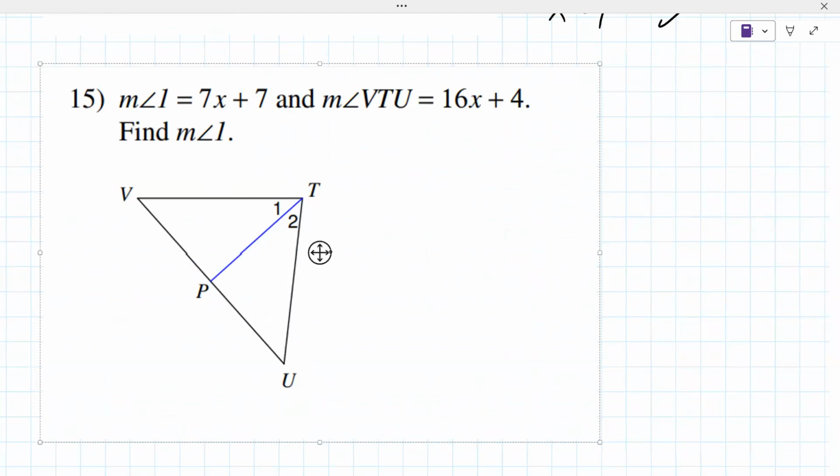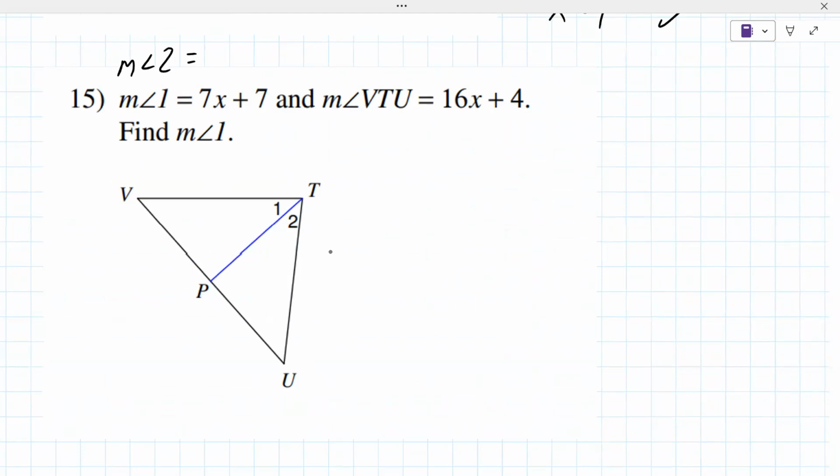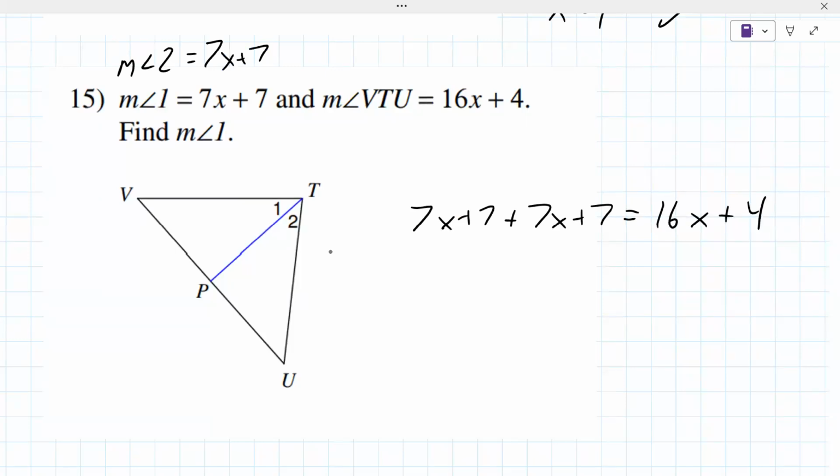So here they're giving you the measure of angle 1. So what is the measure of angle 2? 7x plus 7. Yeah. So 7x plus 7 plus 7x plus 7 equals 16x plus 4.